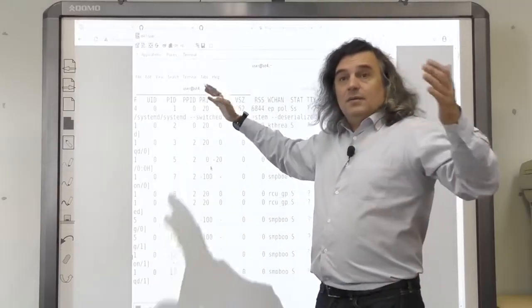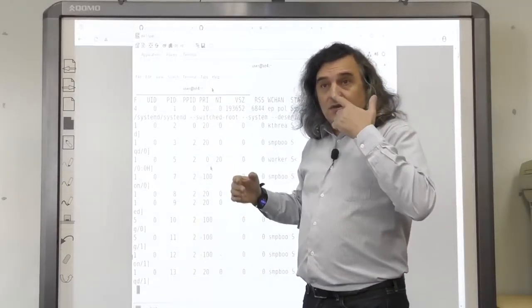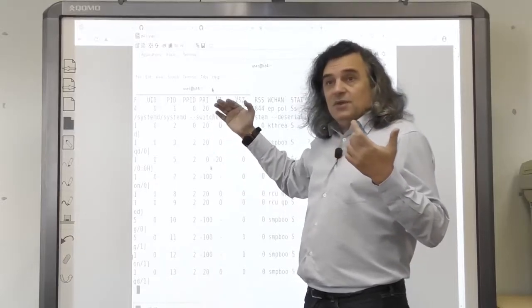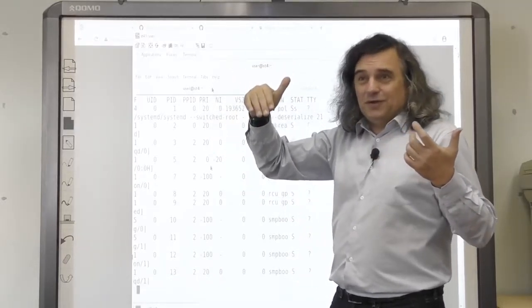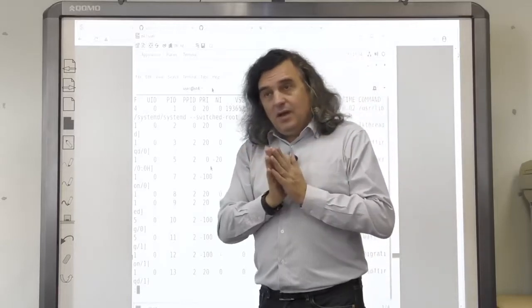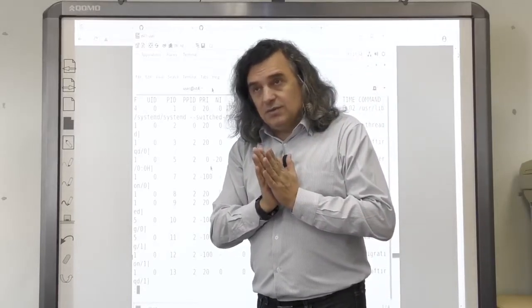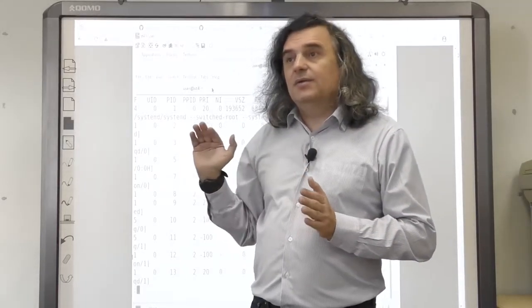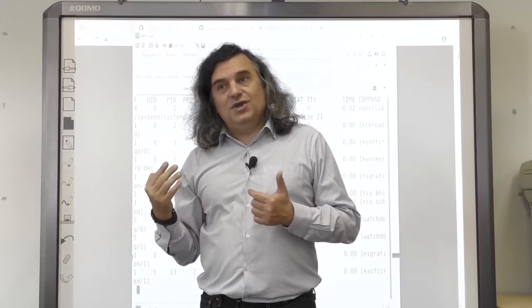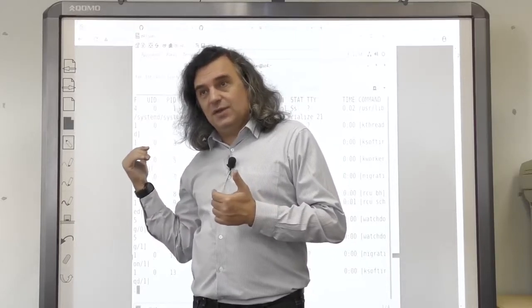Priority of the process. Higher numbers mean lower priority. But as we will discuss later, we cannot change the priority because this value is dynamically changed by the process scheduler.